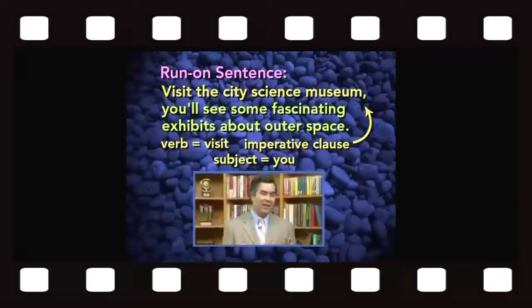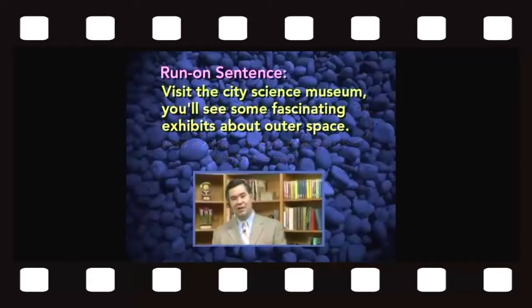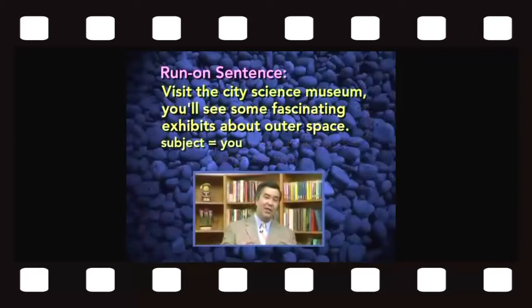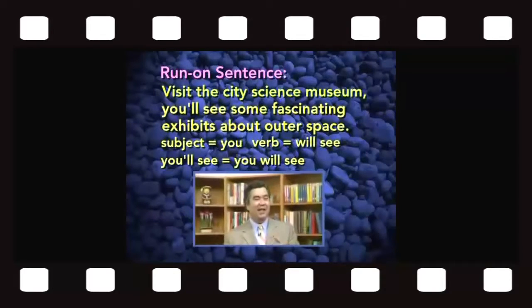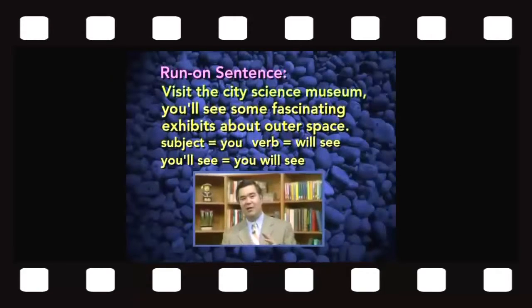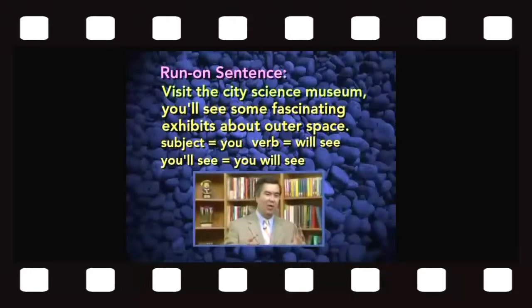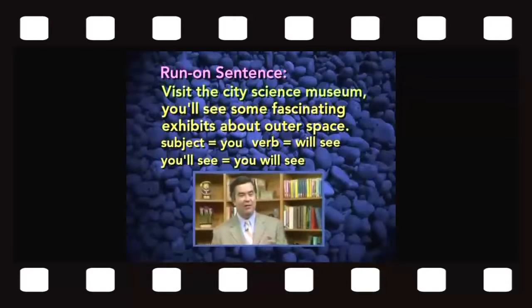In an imperative sentence, the subject may be understood. In our second clause, the subject is you, and the verb is will see. In this case, it takes the form of the contraction apostrophe LL instead of spelling out the word will at full length. But the words you'll see really mean the same as you will see. So in the second clause here, the verb is will see, and the subject is you.